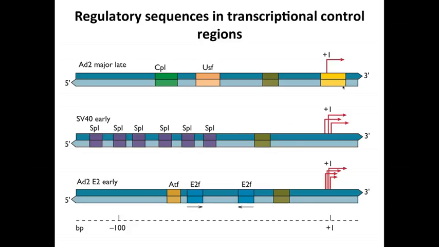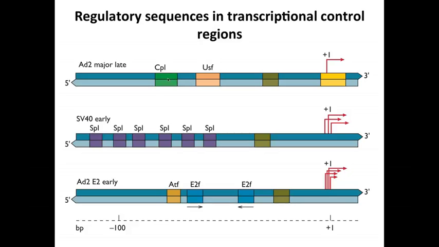So far we've looked at the core promoter consisting of the initiator and the upstream TATA box sequence. Here on 3 different promoters are some of the upstream regulatory sequences that would, when added to the core promoter, make the promoter itself. And you can see on the adenovirus major late promoter, the initiator, the TATA box, and then we have 2 upstream sequences.